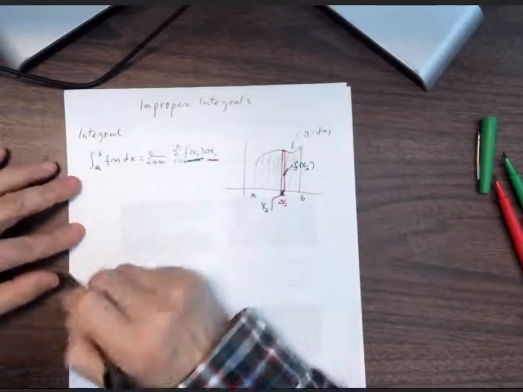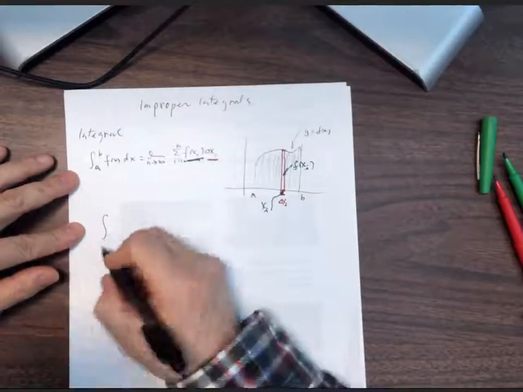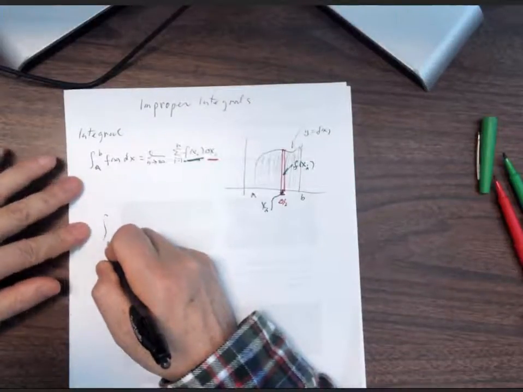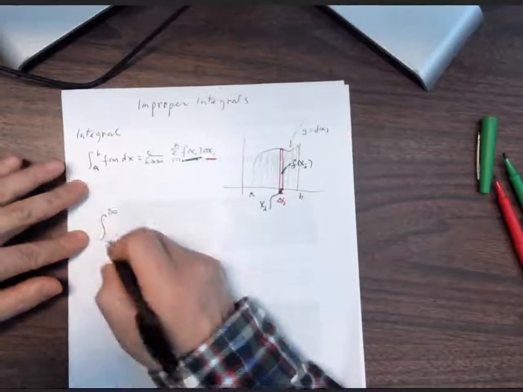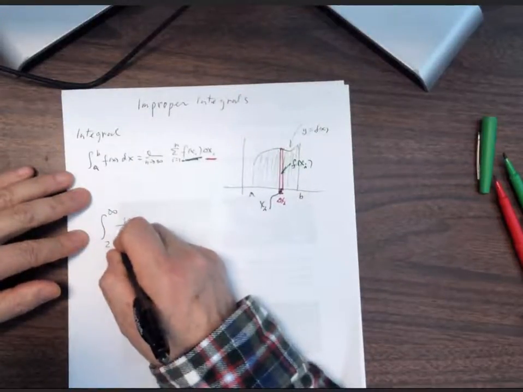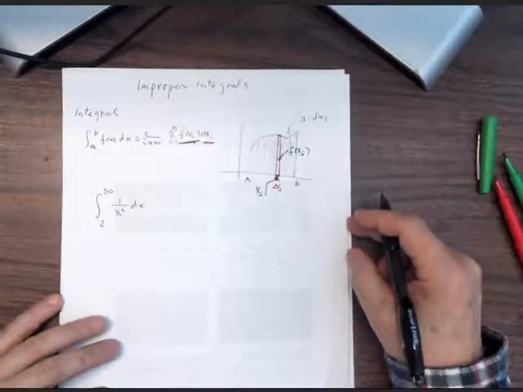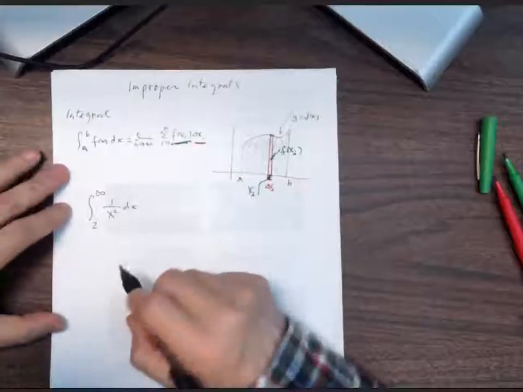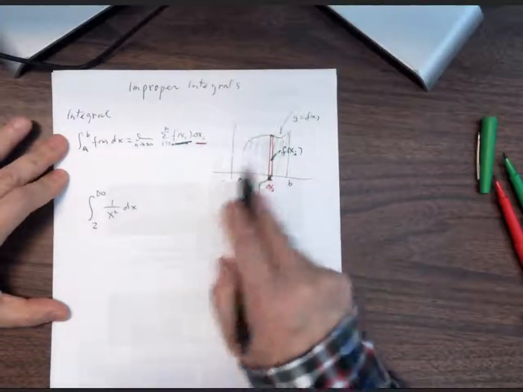Now, let's consider an integral, say from 2 to infinity of 1 over x squared dx. We would go through a similar process.